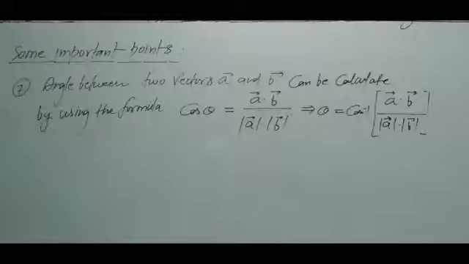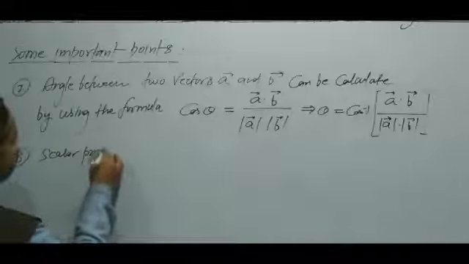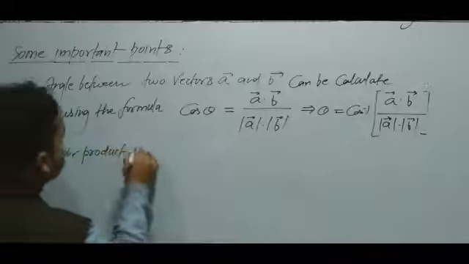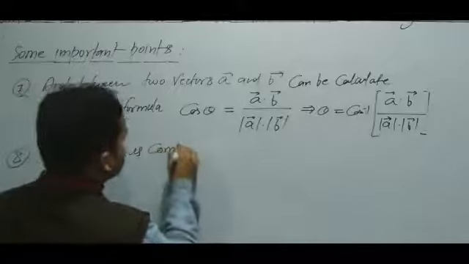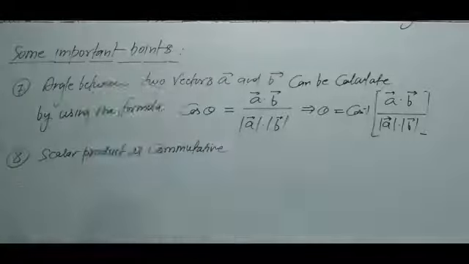Next, the eighth point is that the scalar product is commutative.